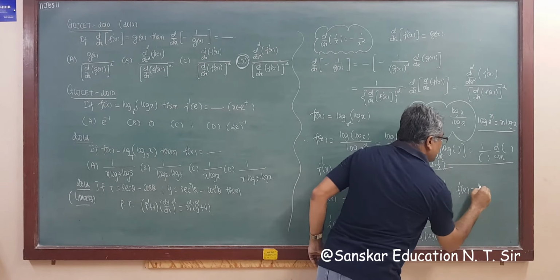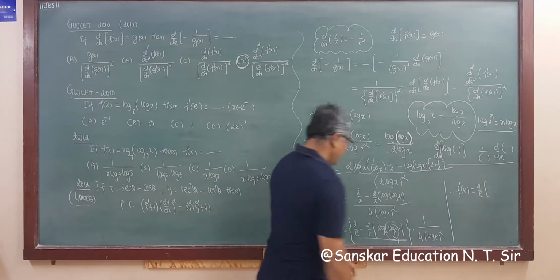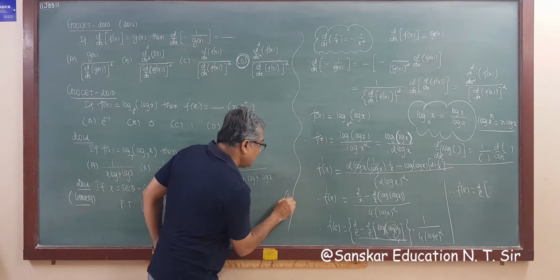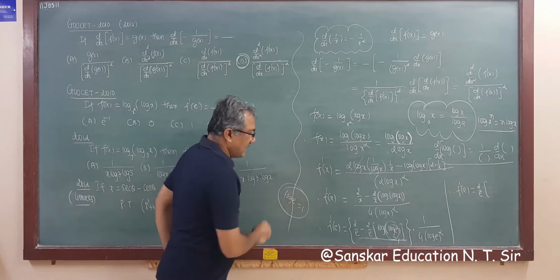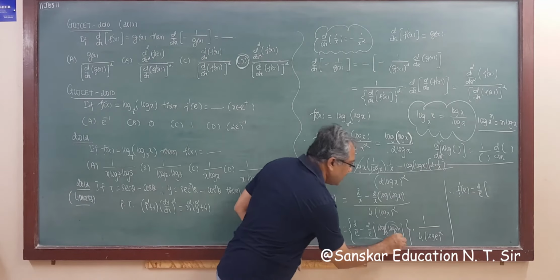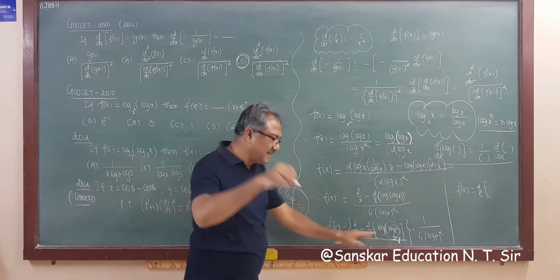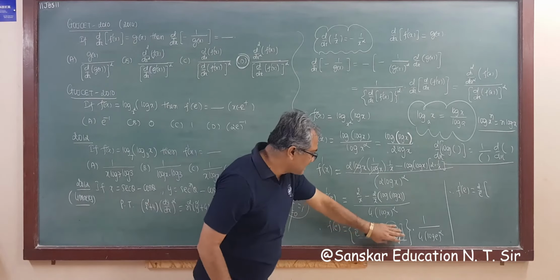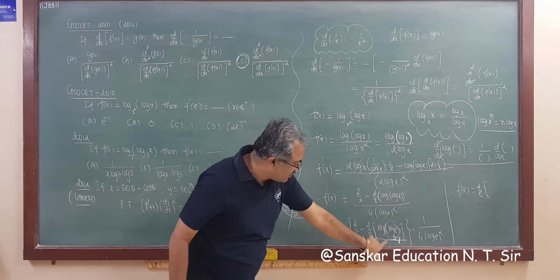This is 0 because log e is 1. You know log e is 1, and log 1 is always 0, that you know also. So log 1 is equal to 0. So this is 2 by e, and this is also 0.